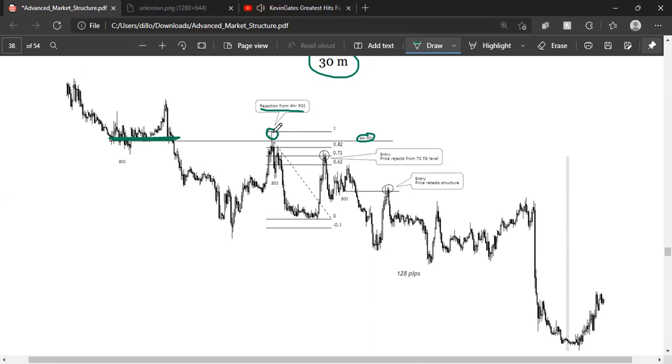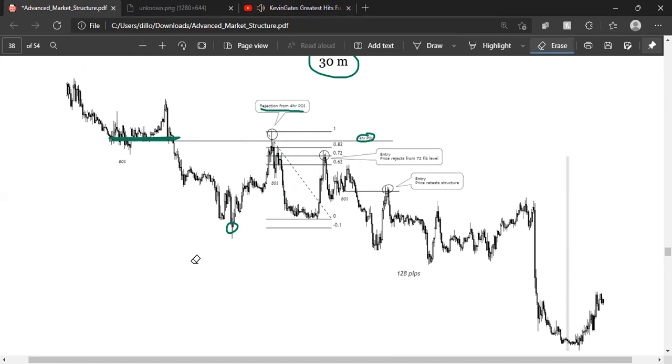So what do we see, right? Here's that high, and we break minor structure, okay? So don't get confused. This is that major low, this is the major high, right? This is minor structure, okay?